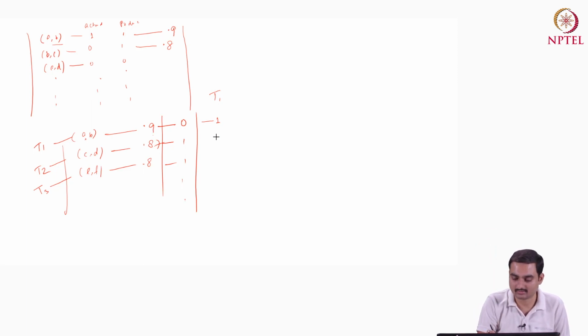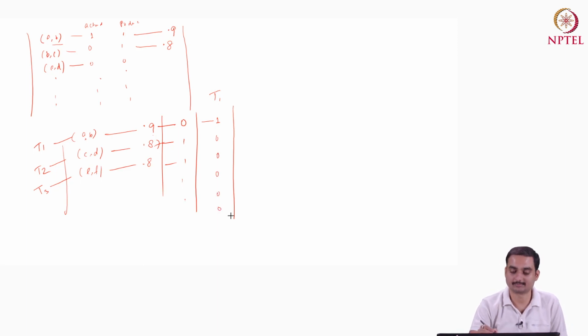So this is 1, all the others are 0. With respect to the confidence level of the first instance T1, we get a prediction for all the other instances, and if we get this, we can draw the confusion matrix.